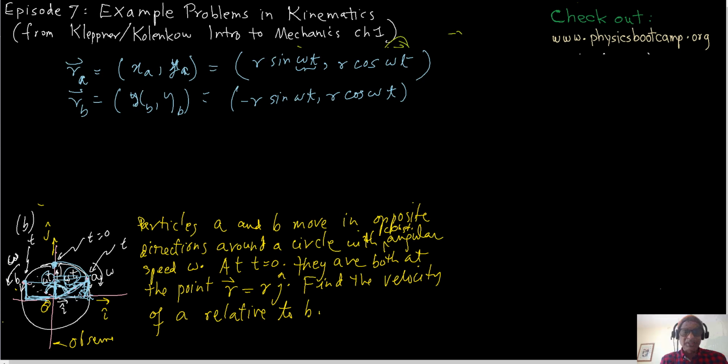And we want the velocity of A with respect to B. So we want the velocity of this thing with respect to this thing, right?